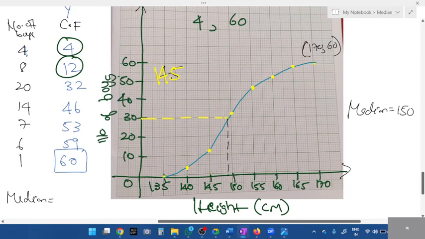After 145, how many small lines are there in between 145 and 150? Each box has how many small lines?